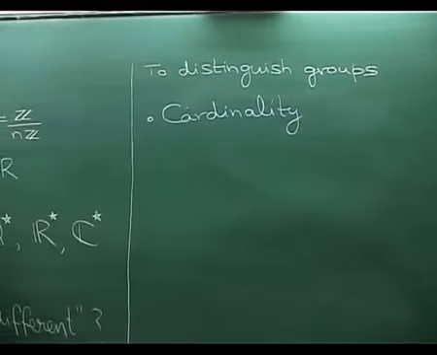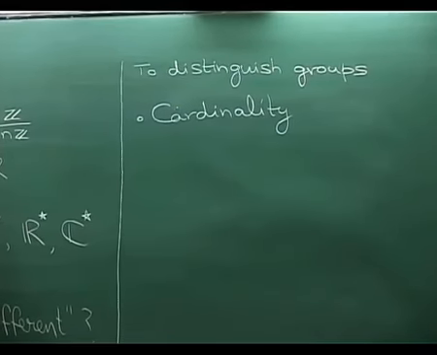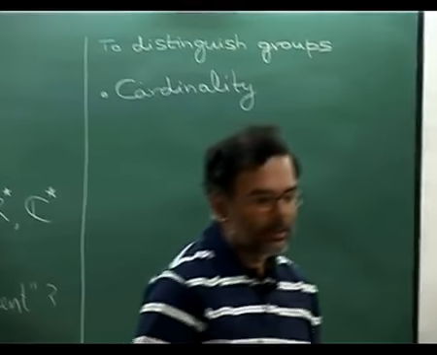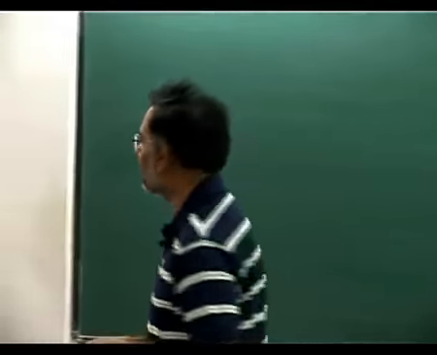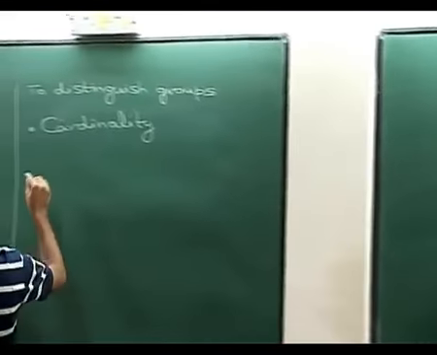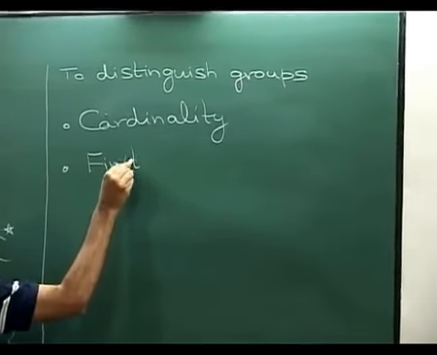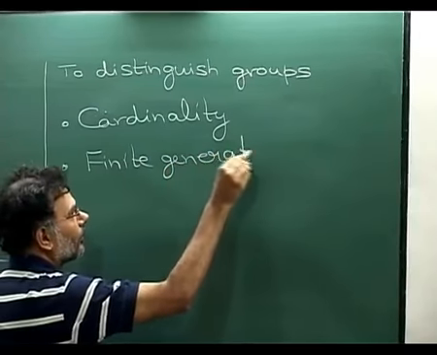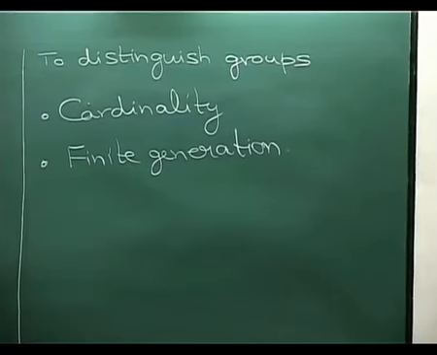Okay, so the next property that one might think of, which is an actual group theoretic property, and this is important for what we are going to do further, is whether that group is a finitely generated group. So next property I'll list is finite generation. So let me go into this a little bit more.